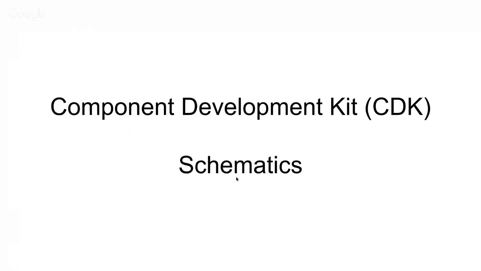Talking about some of the updates to Angular Material, which is the component library that's built by Google, not necessarily the Angular team. There were two main things they talked about: the component development kit, or the CDK, and schematics. So we'll start with the CDK. The CDK is basically just a set of predefined behaviors, right?